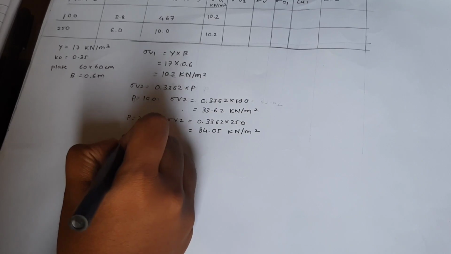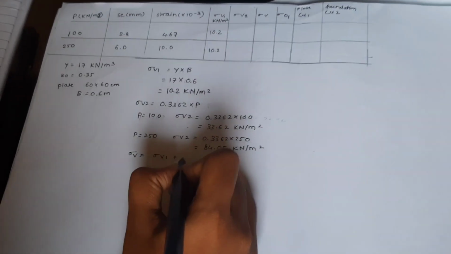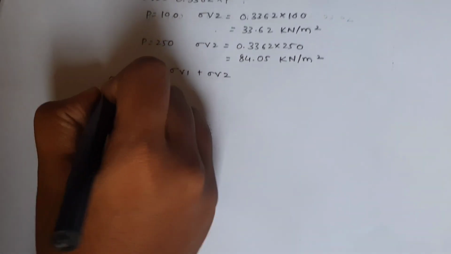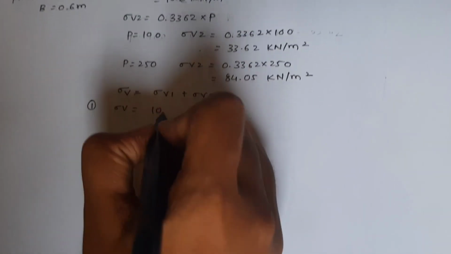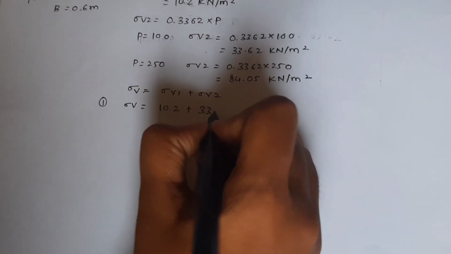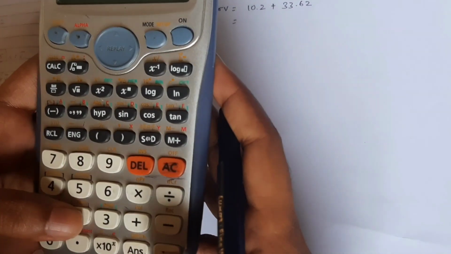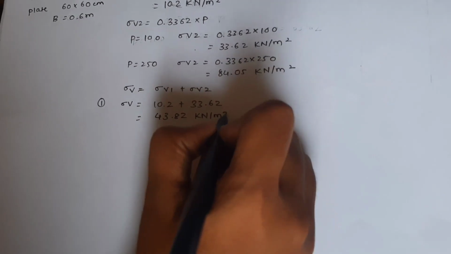Now to calculate sigma V, it is equals to sigma V1 plus sigma V2. So for the first case, sigma V equals to 10.2 plus 33.62, which is equals to 43.82 kilonewton per meter square.